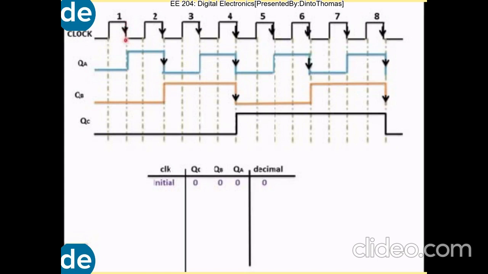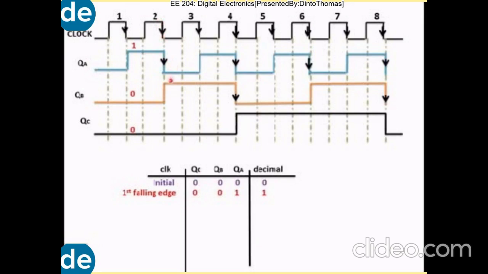You can say QA is 0, QB is 0, and QC is 0. After the first falling edge, QA changes to 1, QB is maintained as 0, QC is 0. So the value is 0, 0, 1, and the decimal value is 1.